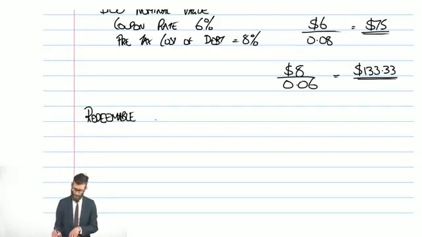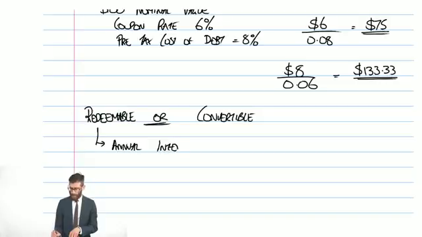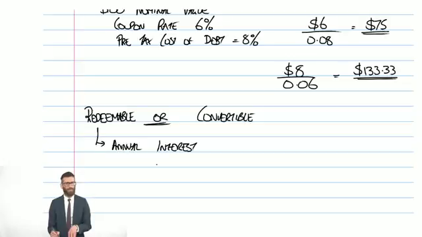For a redeemable or convertible, essentially what we've got is two cash flows. We have annual interest, which will be paid not forever, it's not a perpetuity, but for a finite life.